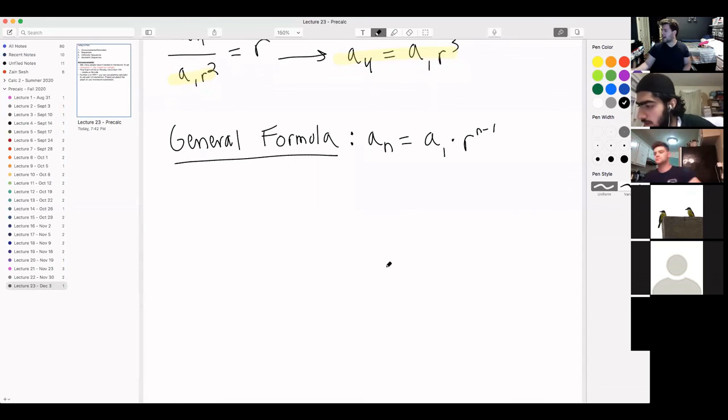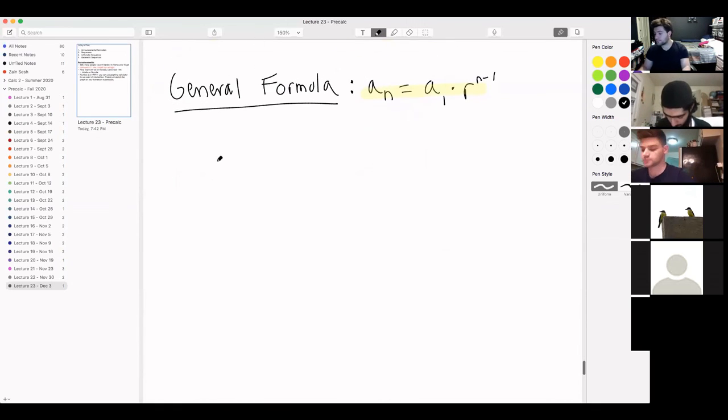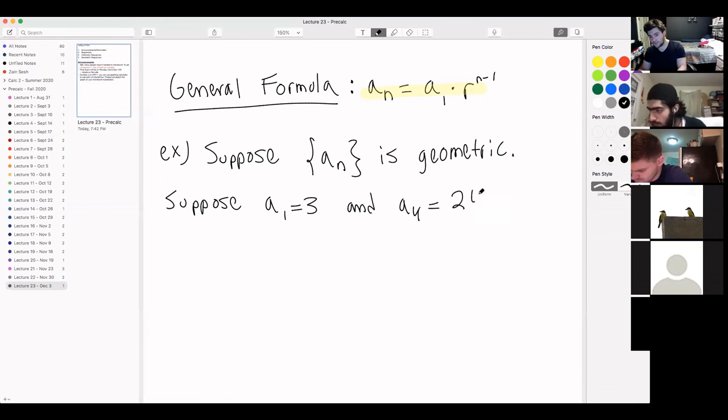All right, good. So I just have two quick practice problems that use this formula, and then we'll be done. So, example. Suppose firstly that the sequence an is geometric. Suppose that a sub 1 is equal to 3 and a sub 4 is equal to 24.